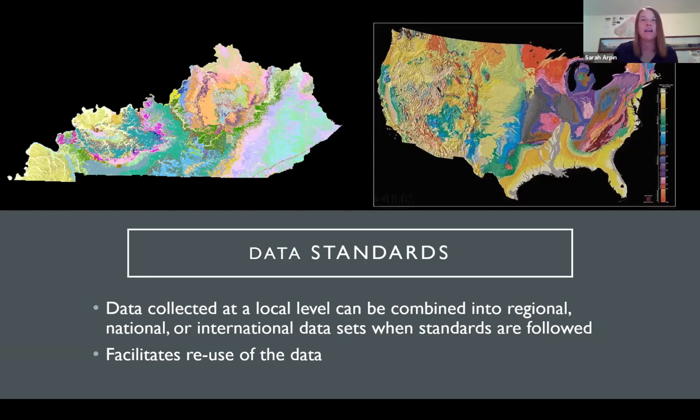And so they came together and came up with a national structure and standard where they could take all the state data and combine it into a national map. And then you can go again to like international. And so this is one of the purposes and uses of standards, is combining and reusing the data.